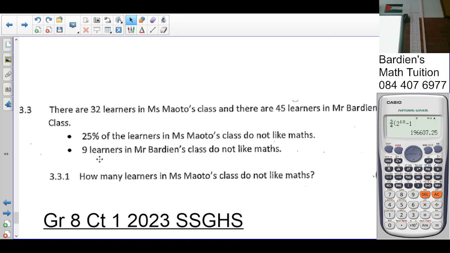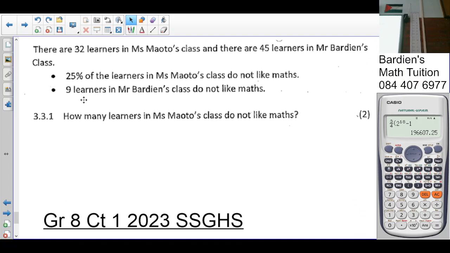So we are told here in 3.3, there are 32 learners in Miss Mawoto's class, and there are 45 learners in Mr. Barden's class. 25% of the learners in Ms. Mawoto's class do not like maths. 9 learners in Mr. Barden's class do not like maths.